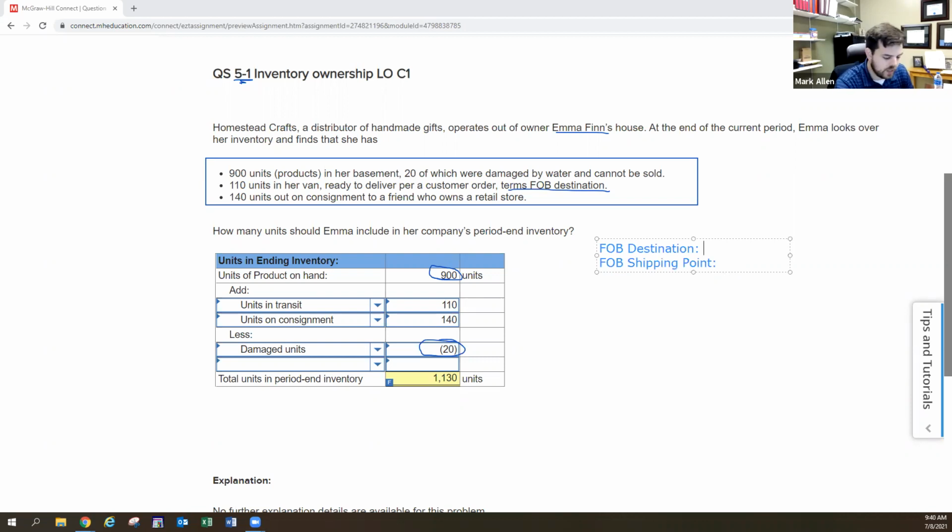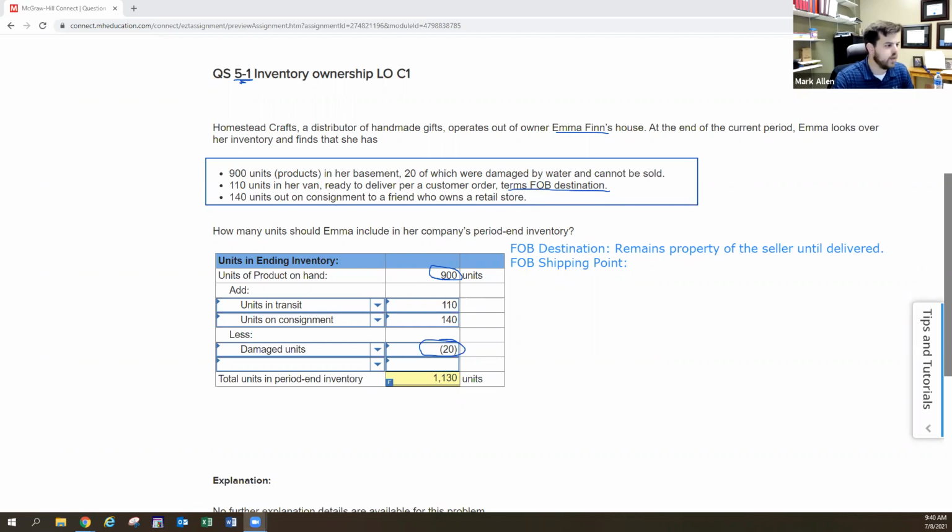So with FOB destination, this remains the property of the seller until delivered. And that's what we said before, right? So when this is FOB destination, we had to notice the key word here, which was destination, right? So this right here is telling me when that ownership will change hands.